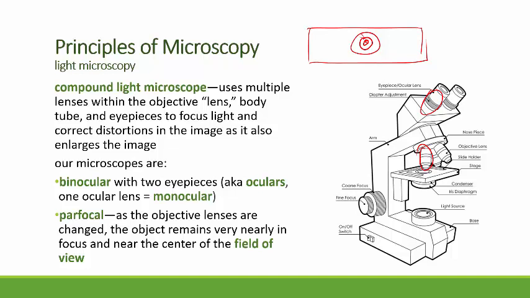So you're just moving in to the smaller portions of a target with a parfocal microscope. As well, the objects near the center tend to be close to the same focus. So a parfocal microscope is a good one to use because you remain in about the same place. Whatever you put at the center at a low magnification will also be at the center at higher magnifications.